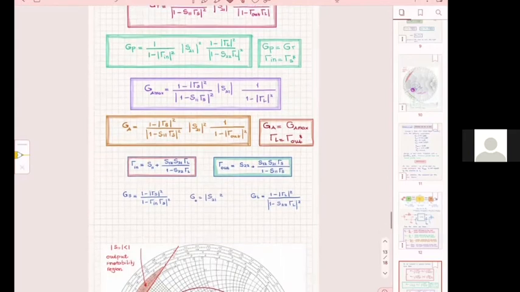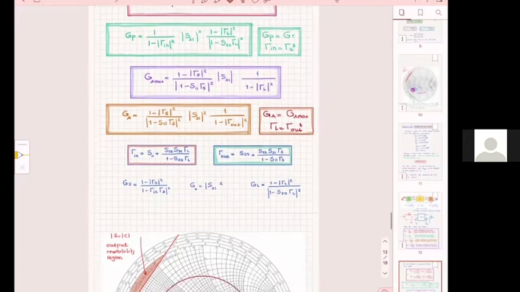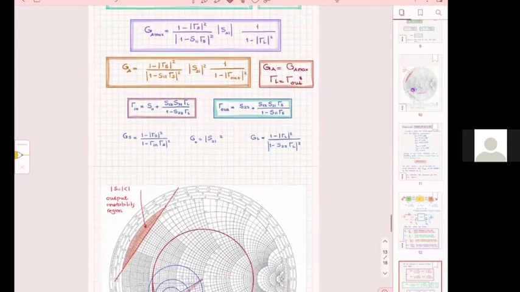Then you have gamma A and gamma A max, which is what we already have, which is gamma L equals gamma out complex conjugate. As I said, these two are identical and some people use them one for another. That's why I wanted to put all of this in case you see them written.